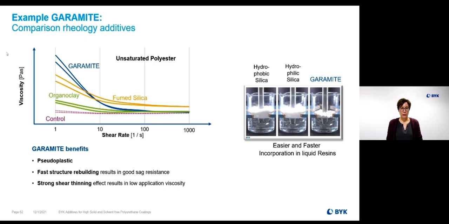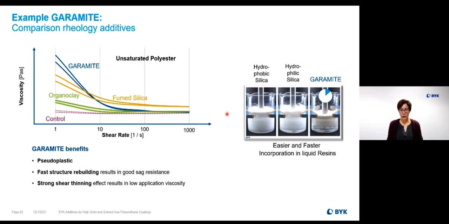Here we have a slide where we compare the behavior of the different products. At first, I would like to show you again a small movie. We have three different rheology additives in powder form: a hydrophobic silica, a hydrophilic silica, as well as a Garamite.